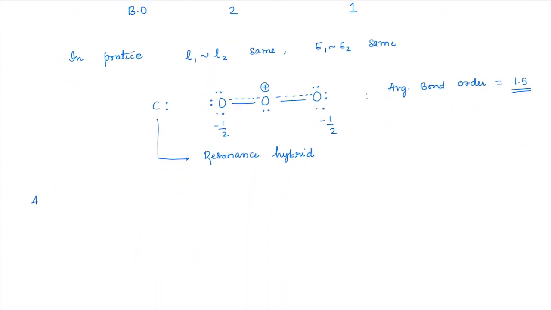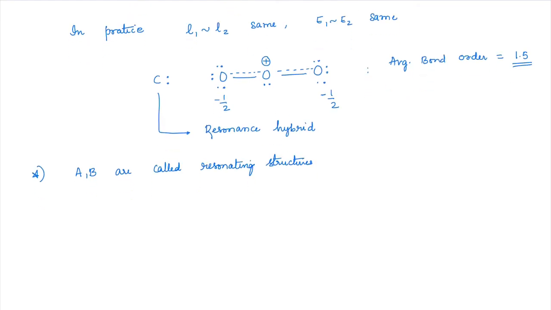So in short, let me write the conclusion here. A, B are called resonating structures. C is called resonance hybrid.